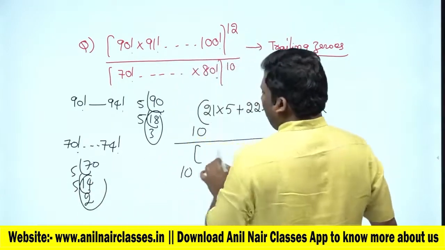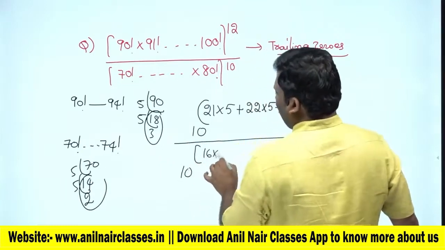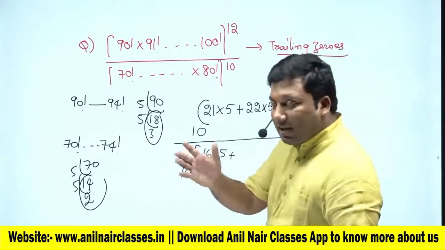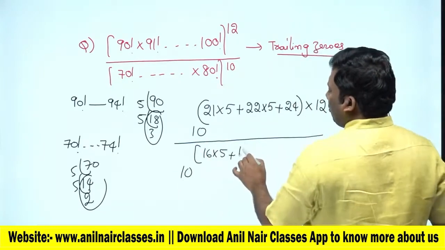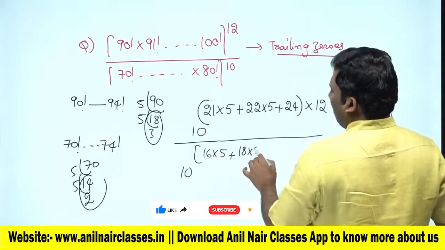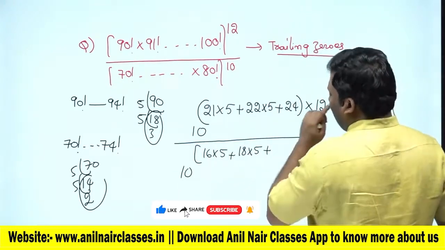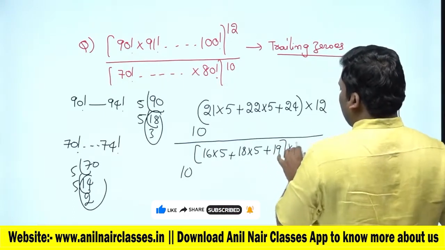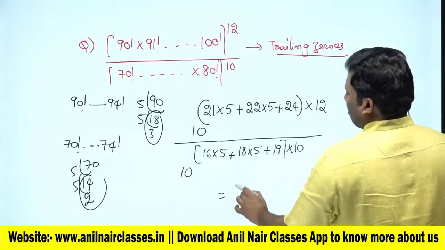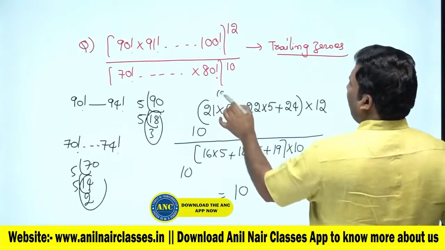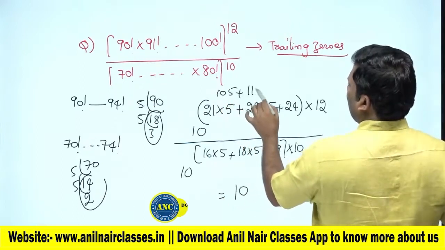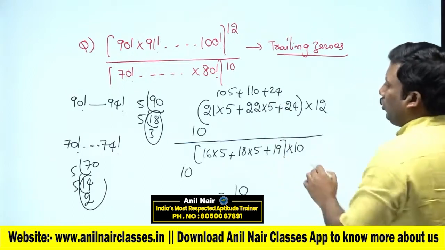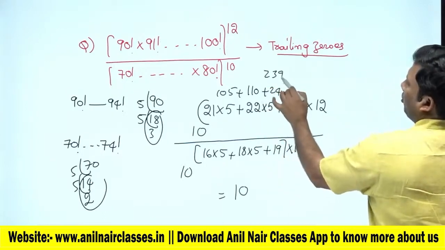So this will be 16 into 5. 70 to 74. 75 is a multiple of 25, so 18 into 5. 80 will be one more, 19. Into 10. So this will be 105, this will be 110, this will be 24. These 215 plus 24, 239.